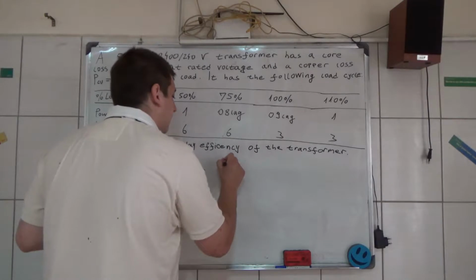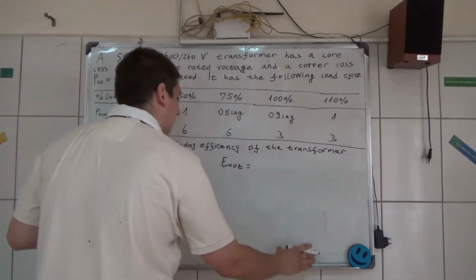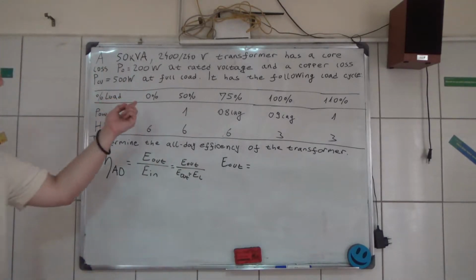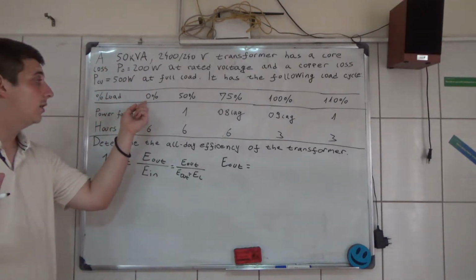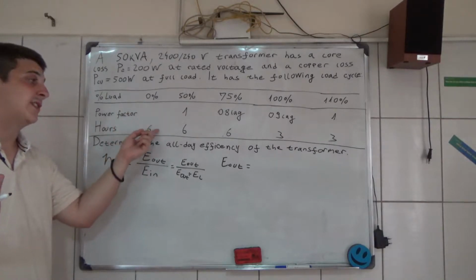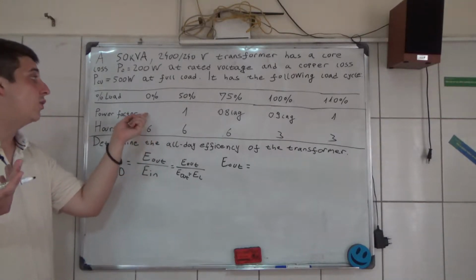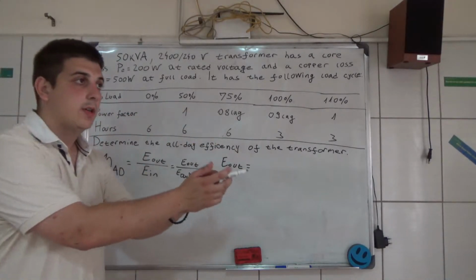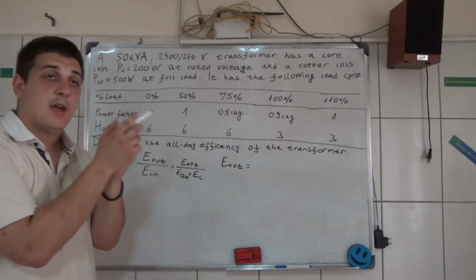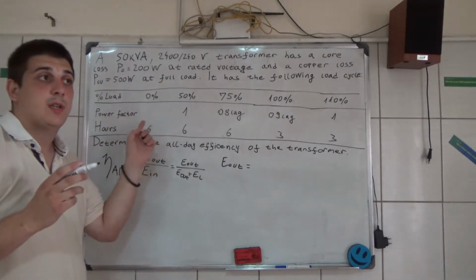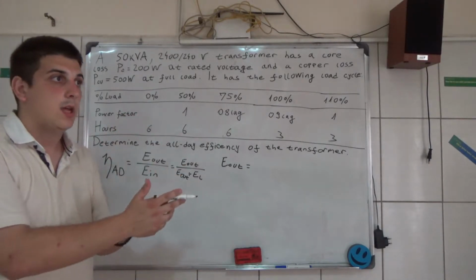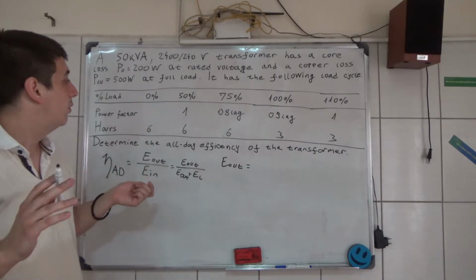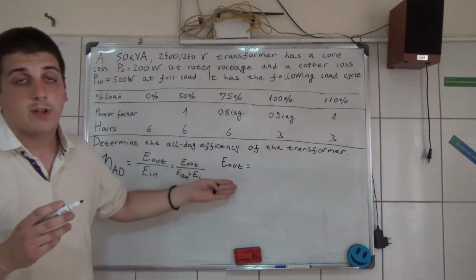For the first 6 hours that we have, we don't have any load, so no current is drawn on the secondary, and the energy for these 6 hours that we used on the secondary is equal to 0. So in this particular situation, I'm not going to write anything for the energy output.